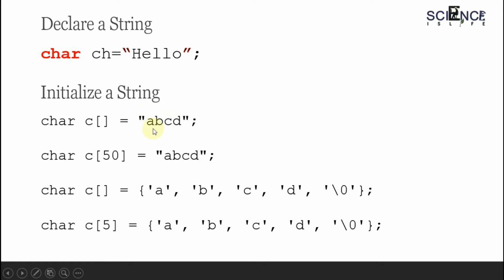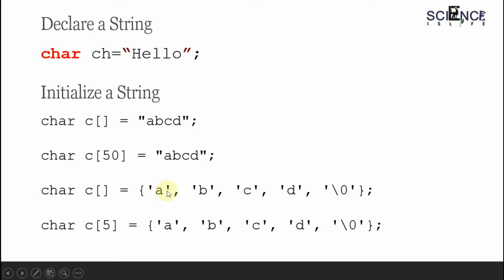In the first example we saw, we put the string within double quotations and assigned it to our array, right? Otherwise we can add characters one by one. Here if we mention it within double quotations, it means string, but if we put a character within single quotations, then it means it is a character.